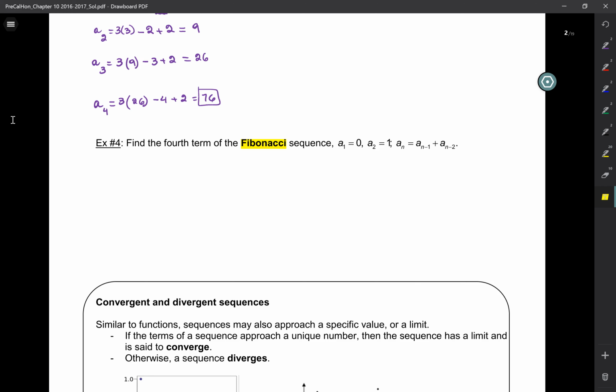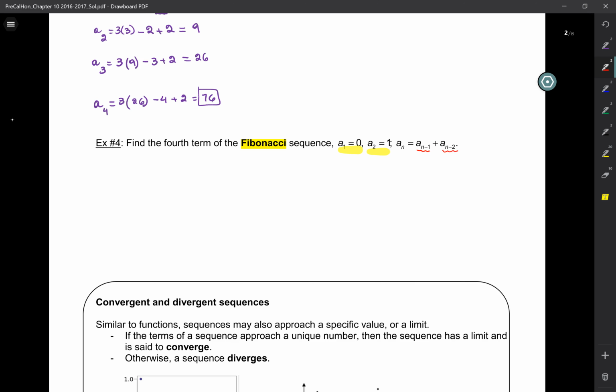So the way the Fibonacci sequence is defined is A1 is 0, A2 is 1, and then every other one is found by an minus 1, so that's the previous one, plus an minus 2.